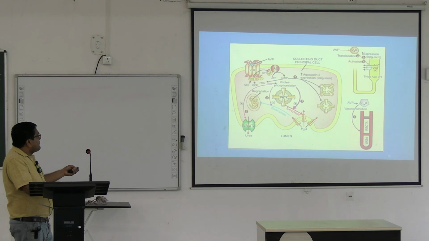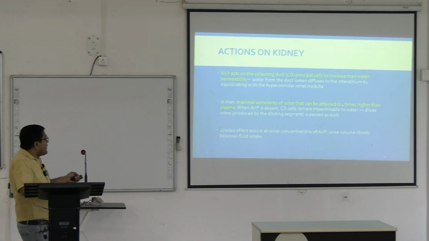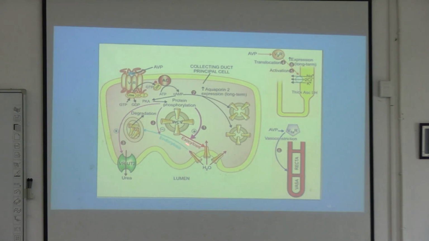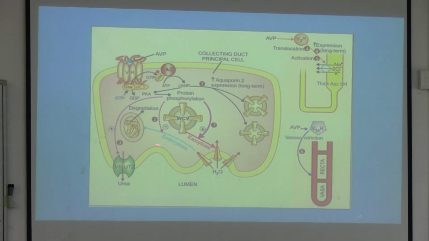There is increased formation of cAMP, and further that leads to, number 1, exocytosis of the water containing vesicles in the apical membrane, leading to more and more integration of the water channels in the luminal membrane. Again, they inhibit the endocytosis of the water channels and their degradation.